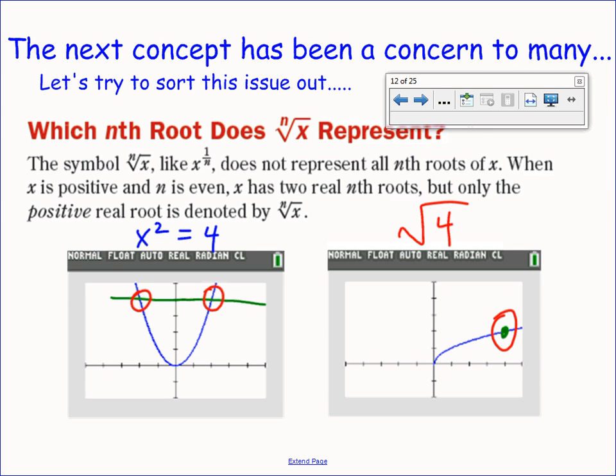So in this case, if x equals root 4, then x is given by a single value, that's 2, versus if x squared equals 4, then that's given by two separate answers, x equals plus and minus 2. Do you see the difference? When you're the one making the roots to undo a squaring or a power, that's when you might need to consider two solutions, versus if you're simply evaluating a single root, then there's just one value. That's a good guide as you're working to evaluate these nth roots of x.